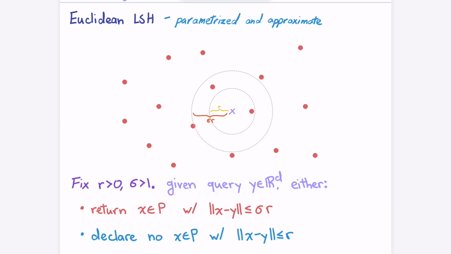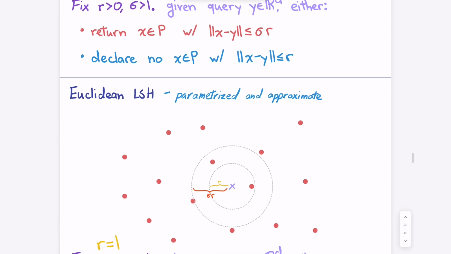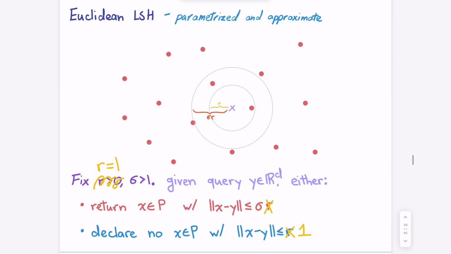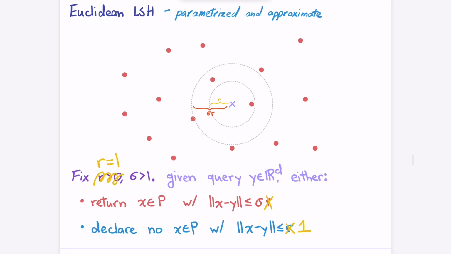Once you can do that, you can do binary search. And this is all scale invariant, so we can make our lives easy and assume that target distance is 1. We can just rescale the input.